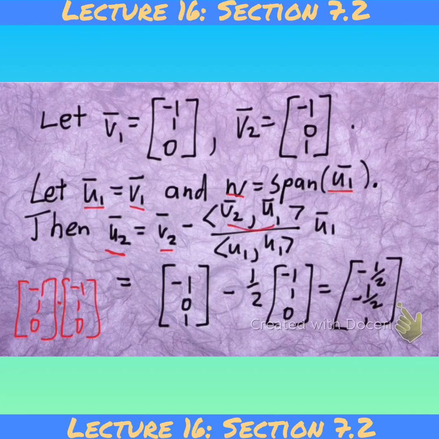And the dot product between v2 and u1 is going to be minus 1 times minus 1 plus 1 times 0 plus 0 times 1, and that is going to be plus 1. So we're going to get that there. Working that out, we get this vector.